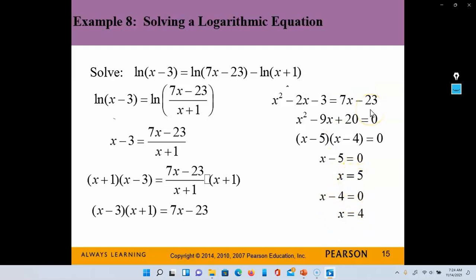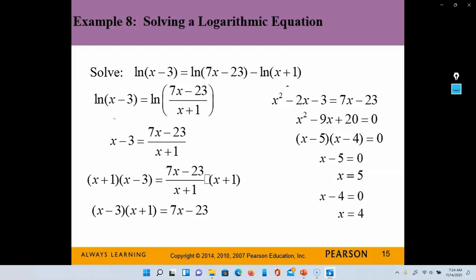Now, do these values, a positive 5 and a positive 4, fit into our logarithmic expression? That is, this cannot be a 0 or a negative number when you finish. And here a 4 would work, here a 4 would work, and so it would work there. And if the 4 works, the 5 works.